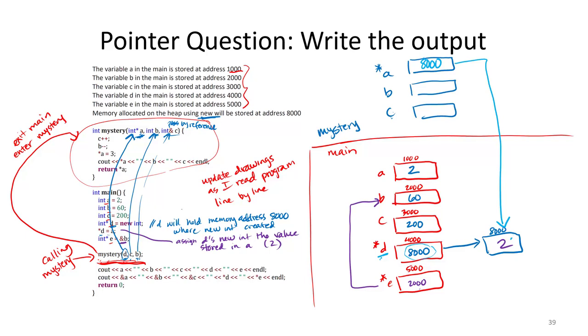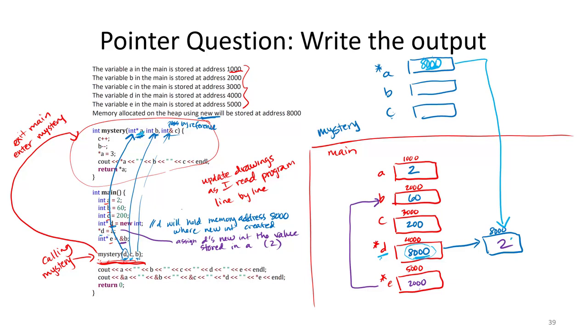Because remember, both A and D are pointers, and they both are holding the memory address 8000. So since I plugged in D's value 8000 into mystery, that is how we both point at that new int 2.